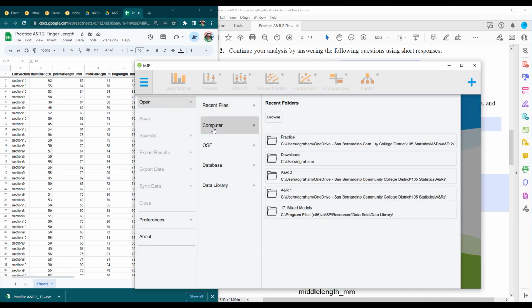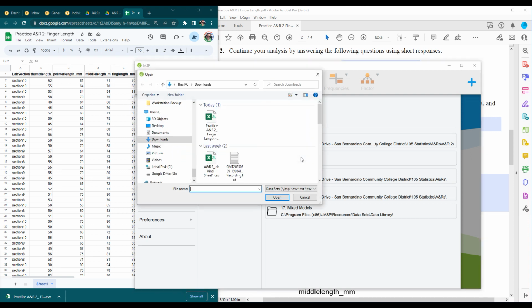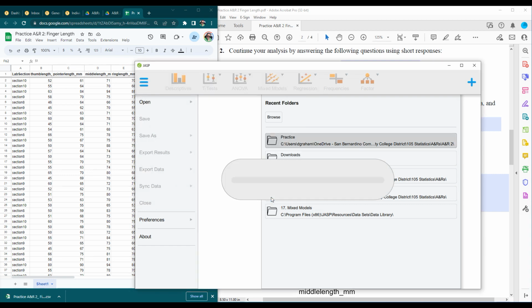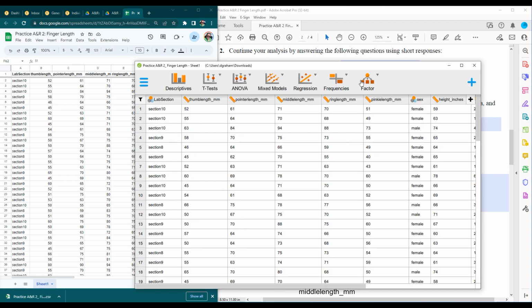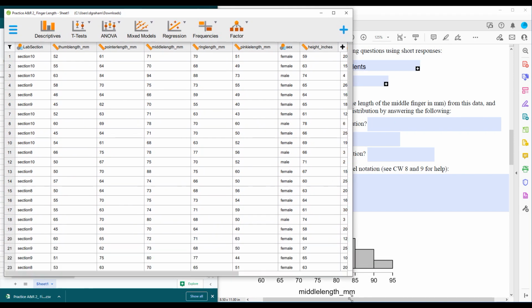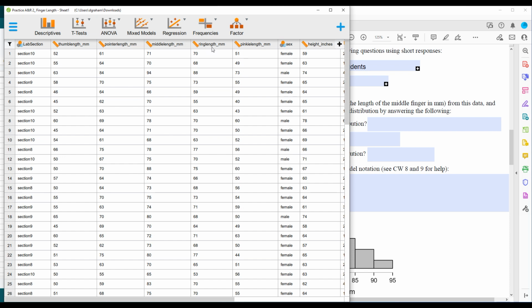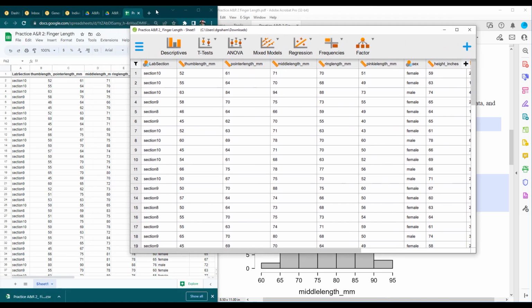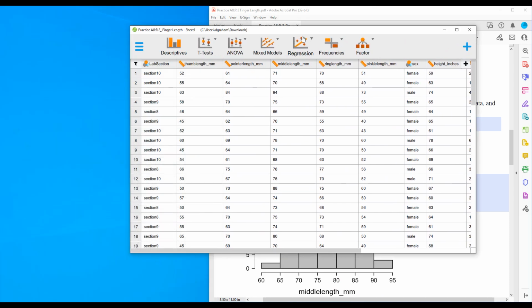I'm going to go to my computer, and I know that my computer always downloads into the download folder, so I'm just going to go straight there. But you can browse to where yours saves. Here it is, Practice A&R 2, and I want to open that data set. So here I have it in JASP, ready to go. So once I have it in JASP, I no longer need to access it there.